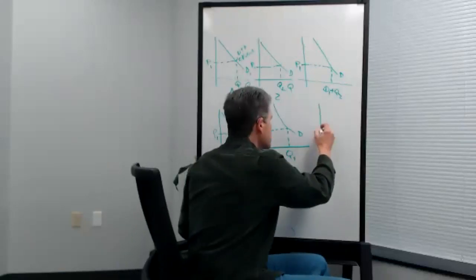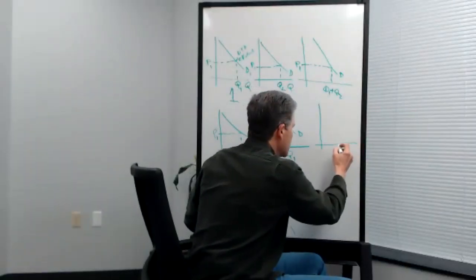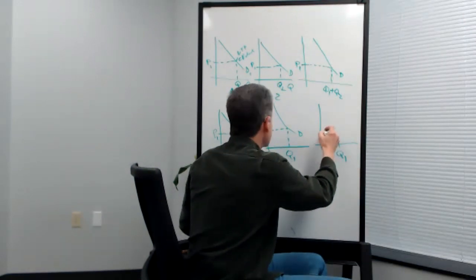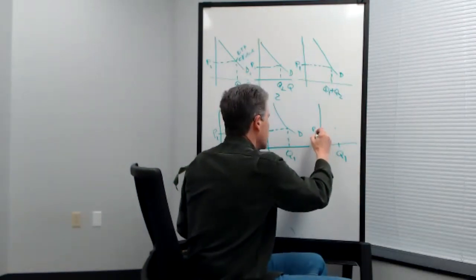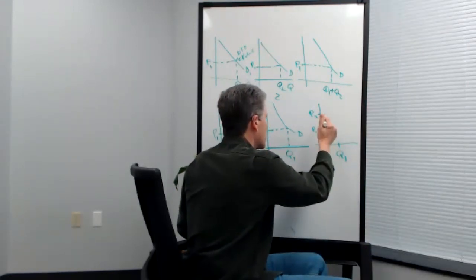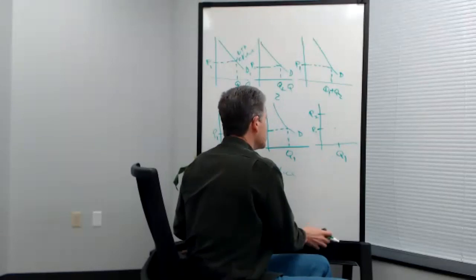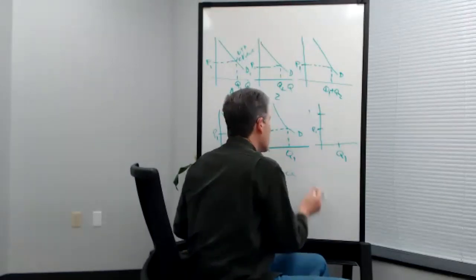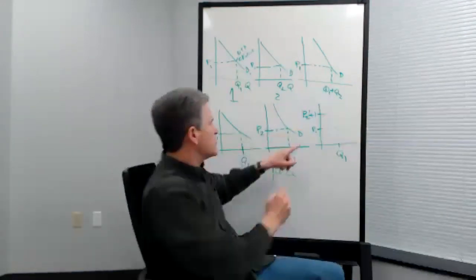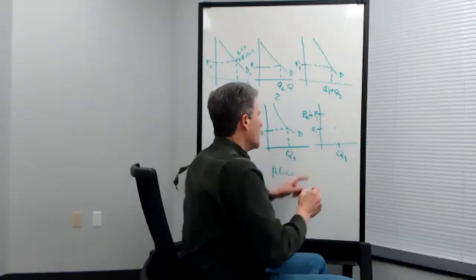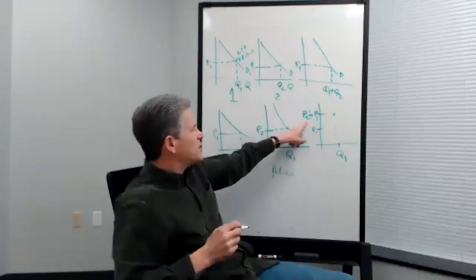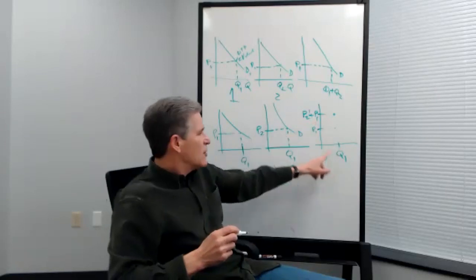If I come over here, that Q1 unit is worth the P1 that Joe's willing to pay to get it, plus P2, because Alice is willing to pitch in P2 dollars. And so the combined value is that they're willing to pay P2 plus P1 dollars for this unit.